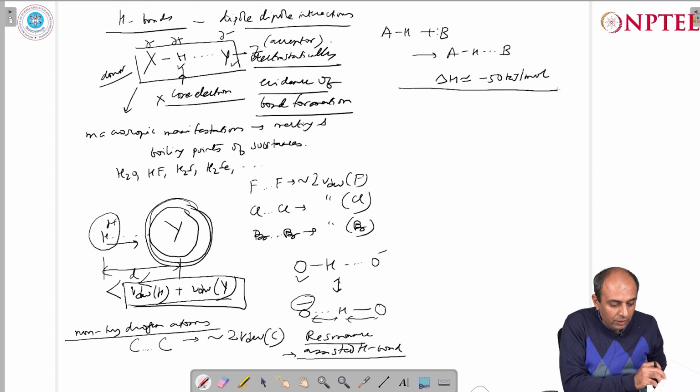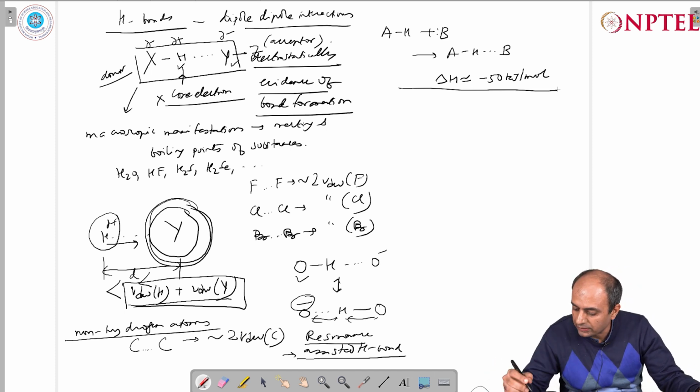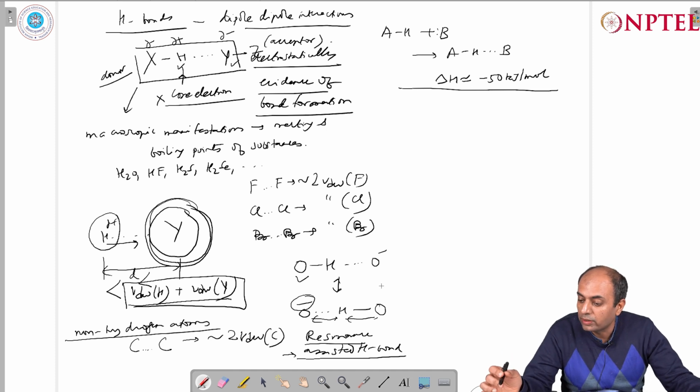Obviously, you can have even stronger hydrogen bonds. For example, resonance assisted hydrogen bonds can go up to 100 to 120 kilojoule per mole, and you can also have weaker hydrogen bonds depending upon the donor strength of AH.